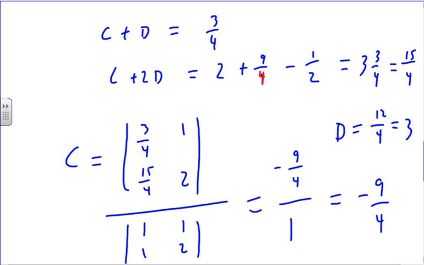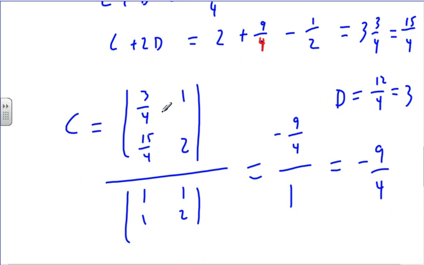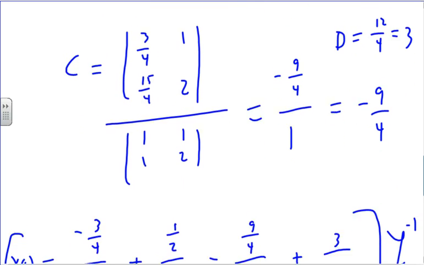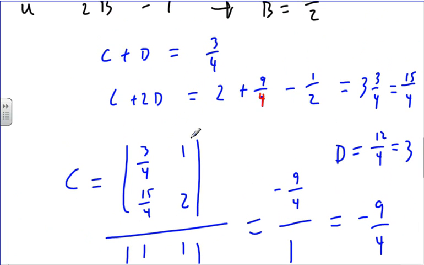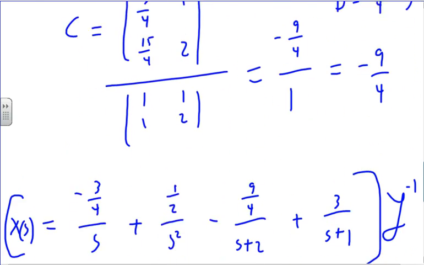Okay, 15/4. 6 take away 15 is minus 9/4. 2 take away 1 is 1. Minus 9 over 9. Okay, minus 9 over 9. 9 plus 3 is 12. Divided by 4 is 3. Looks like I did all that right.